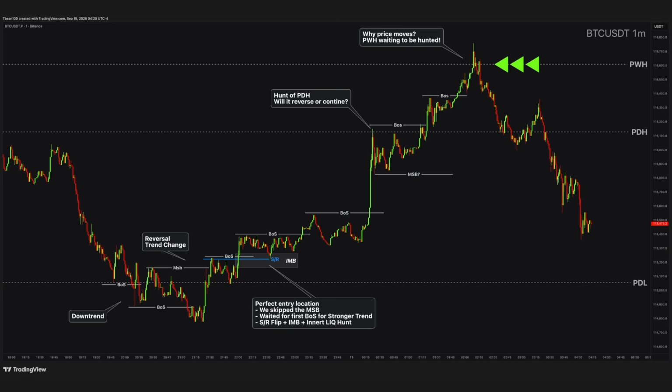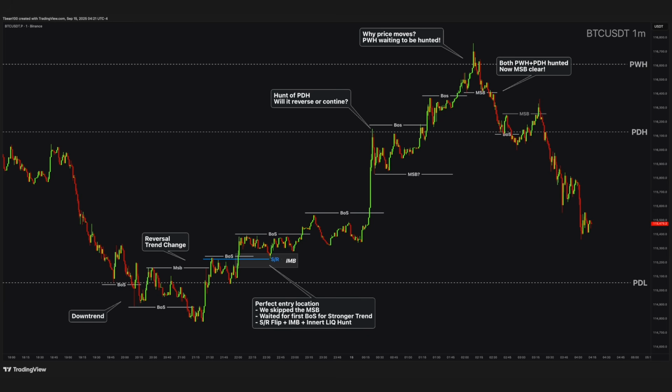This is one of the main reasons why the price continued pushing upwards in this example. Now, once both the previous week's high and the previous day's level are taken out, that's when we finally start to see the first clear market structure break. This becomes the very first sign that a possible reversal might be forming.